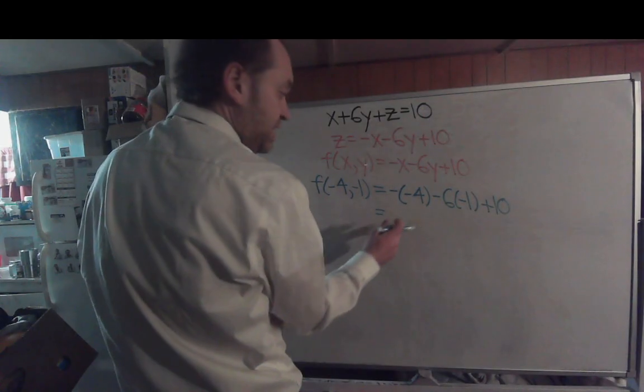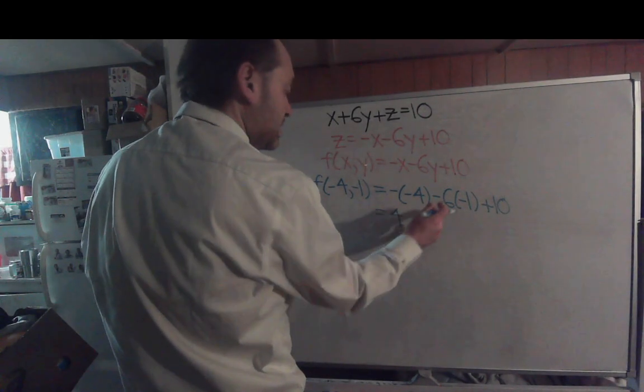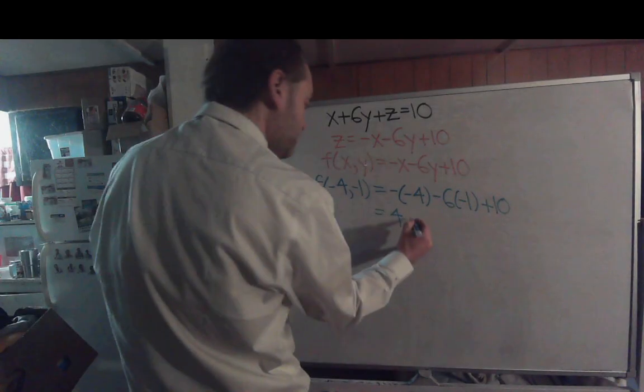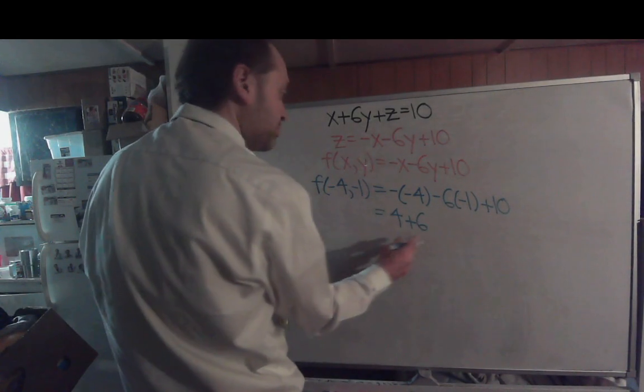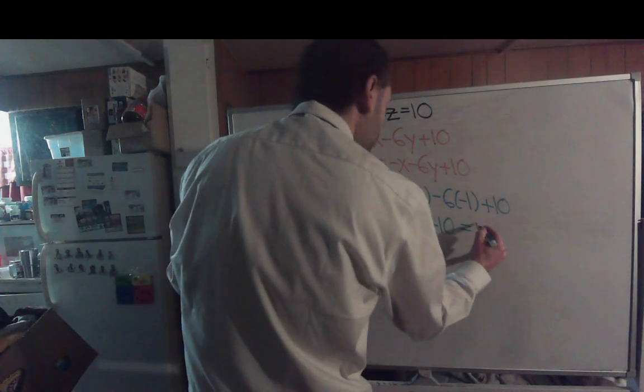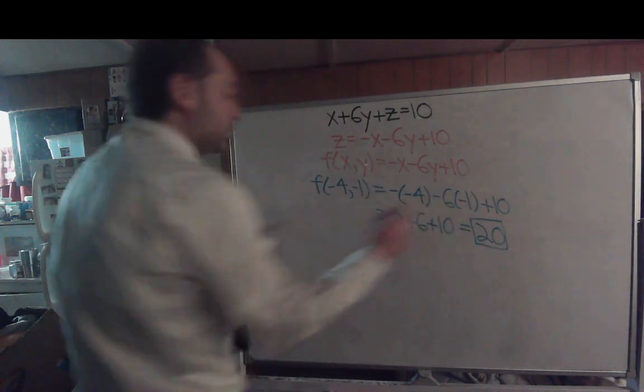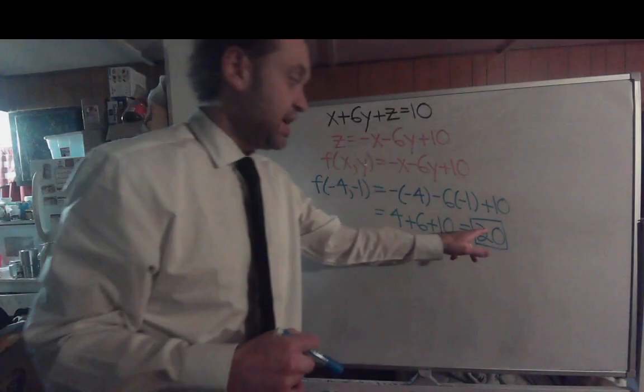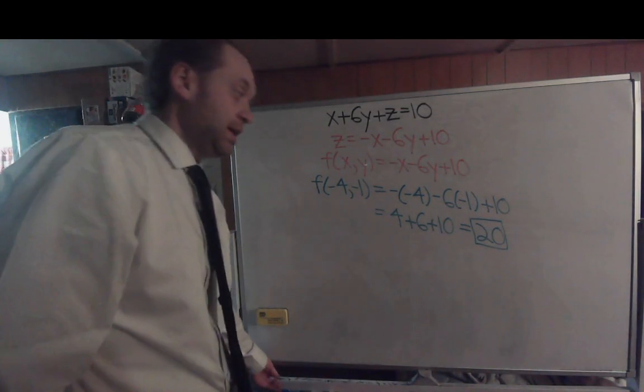Well, negative of negative 4, that's positive 4. Negative 6 times negative 1, that's positive 6. So 4 plus 6 plus 10, which would end up giving you 20. So f of negative 4, negative 1 is 20, which would be your z value.